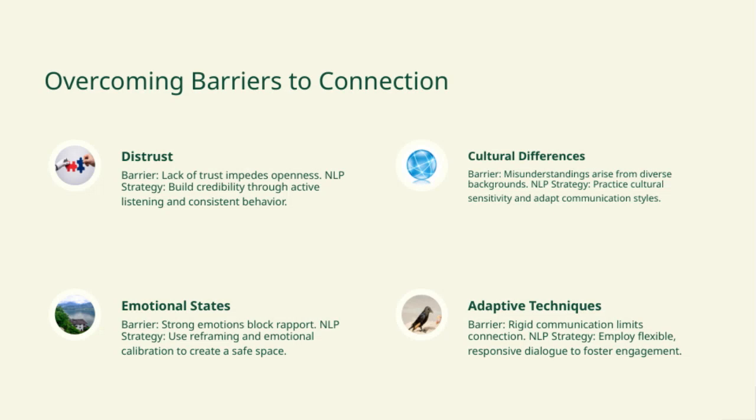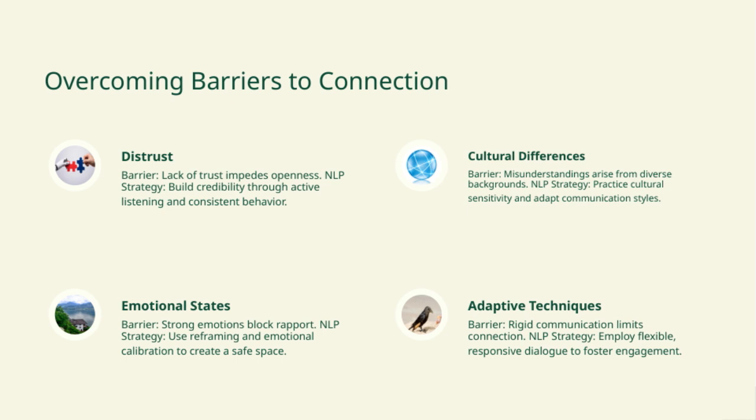Now, let's look at some adaptive techniques that can help us overcome common barriers to connection. First, when faced with rigid communication, it's important to recognize that inflexibility can really limit how well we connect with others. So, the NLP strategy here is to employ flexible and responsive dialogue, being adaptable in how we communicate to foster genuine engagement.